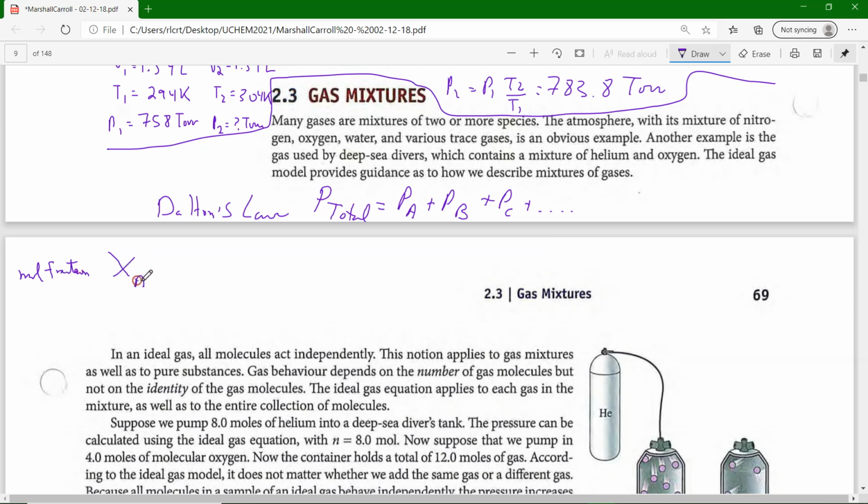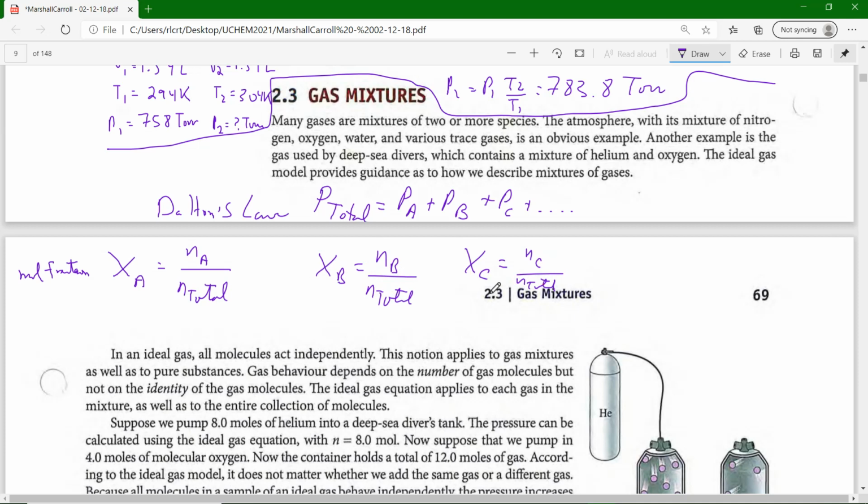The mole fraction of A is simply the moles of A over the total number of moles in the sample. The mole fraction of B is the moles of B over the total number of moles. The mole fraction of C is the moles of C over the total number of moles.